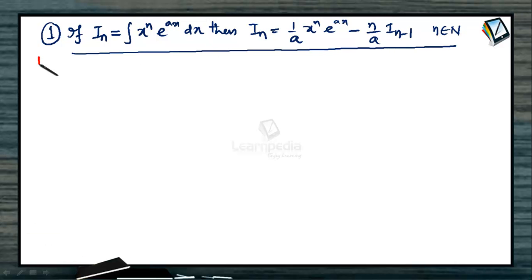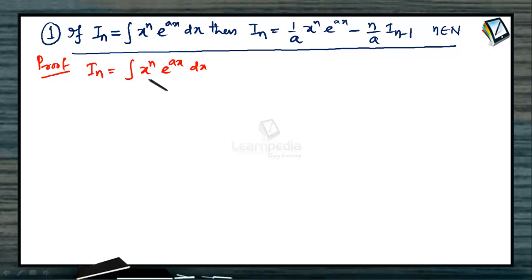Now see the proof of this formula. I_n is the algebraic relation which has a higher index integral in terms of the lower index integral: the integral of x to the power of n e to the power ax dx.